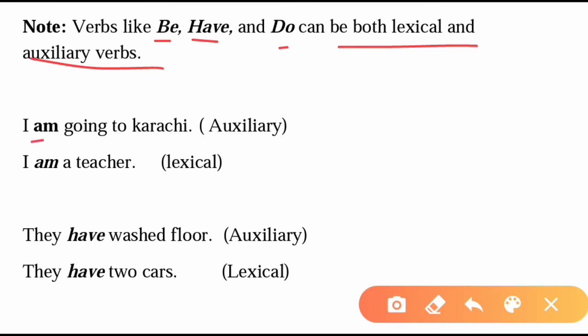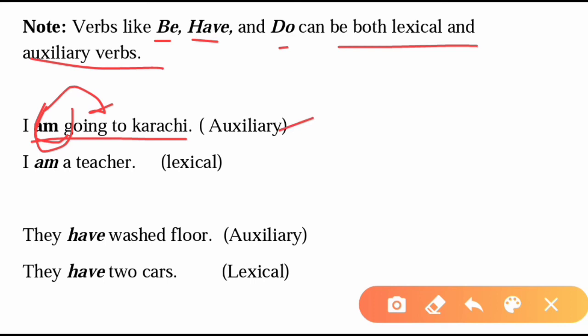The first is "I am going to Karachi." In this sentence, "am" is used as a helping verb, helping the main verb in this sentence, which is "going." It is an action, so we can say it is the main verb or lexical verb. So "am" is used here as a helping verb, so we can say it is an auxiliary verb.